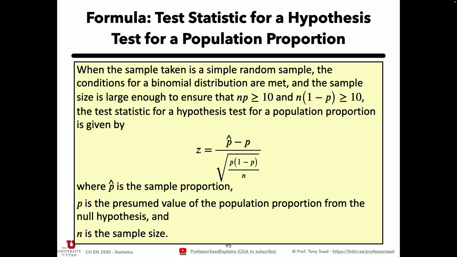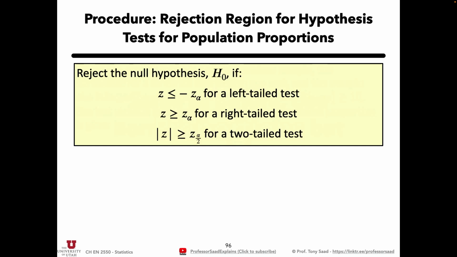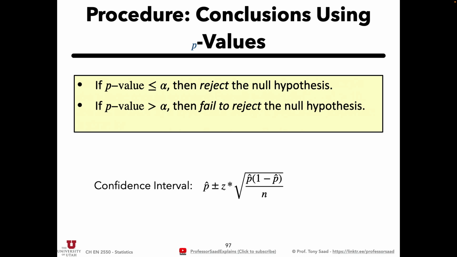And same thing, if you're doing a left tail test, your rejection region is if your test statistic is less than the left tail critical value or greater than the right tail critical value, or if it's a two-tail test, if it's not in either one of those regions. And then you can also do the p-value, same thing.